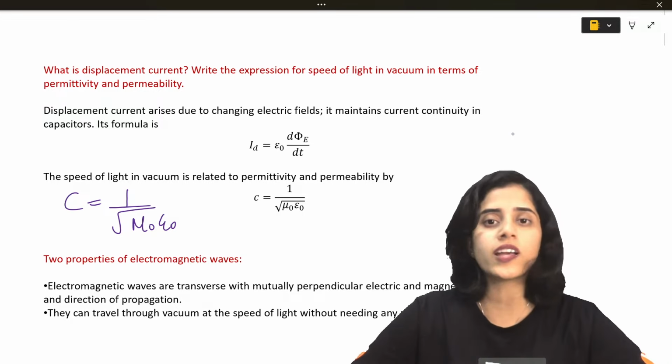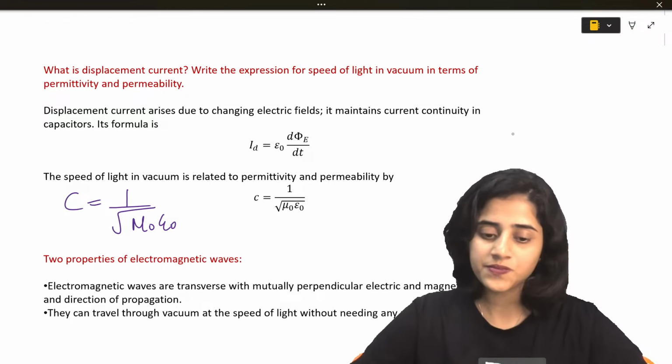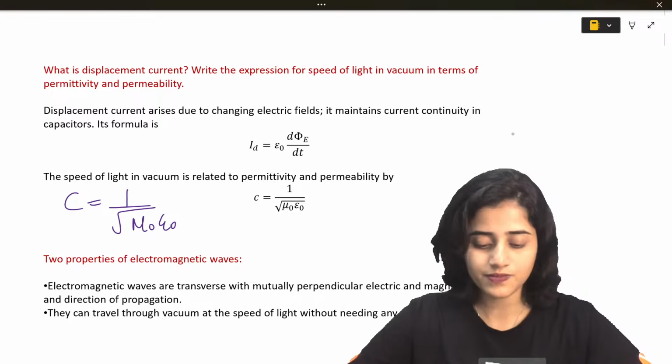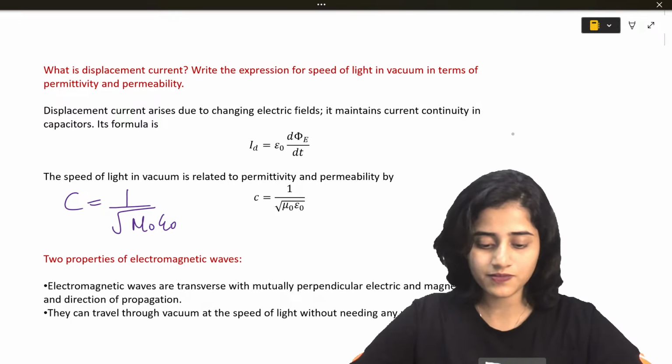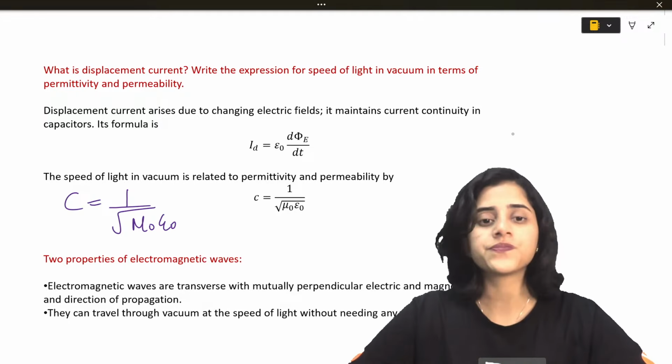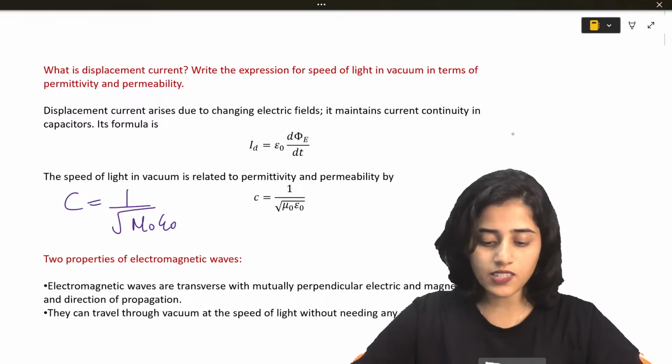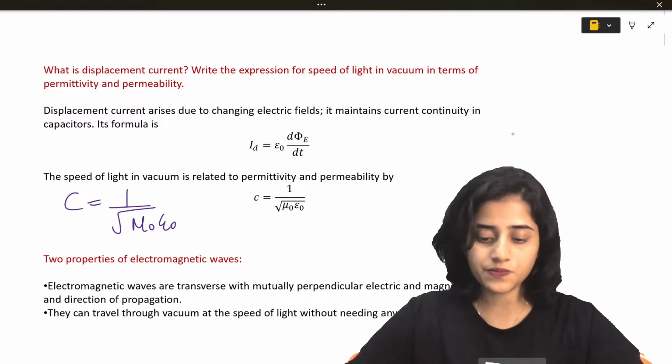Anybody in this chat who has physics exam next week? You will pass, Hema. Don't worry. Tanu has physics exam next week.